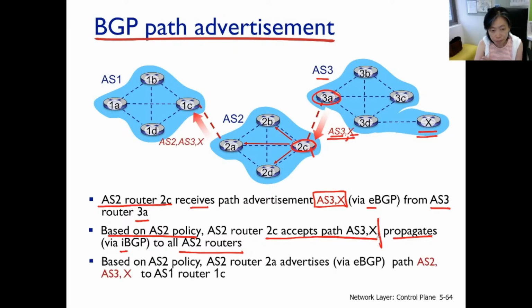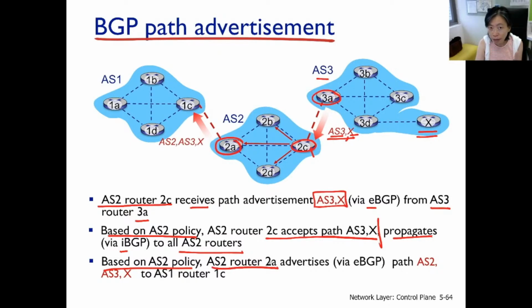And then, 2A here, receiving such a path, can then prepend itself and pass it further to the neighboring ASs. But wait, the export policy is applied here before passing on the advertisements. Let's check.